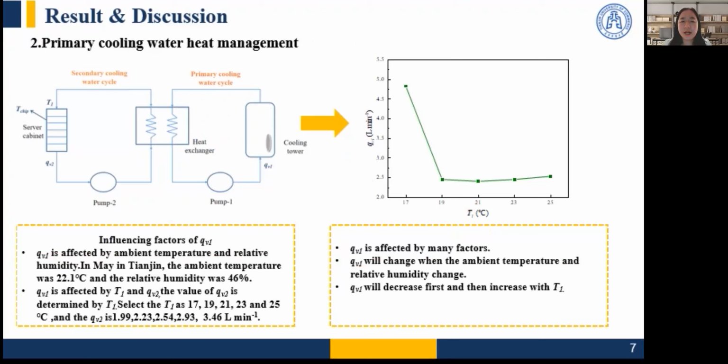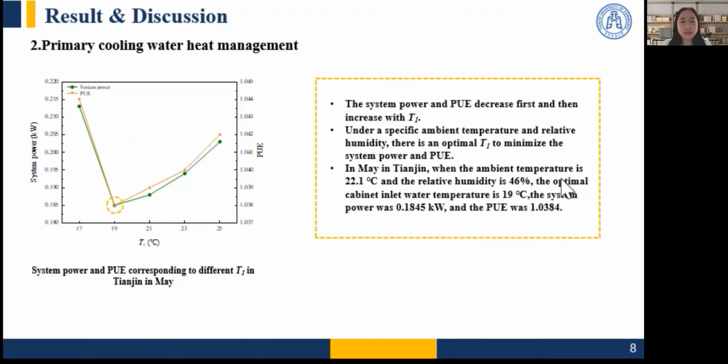When T1 is selected, QV2 is stationary. The system power and PUE decrease first and then increase with T1. Under a specific ambient temperature and relative humidity, there is an optimal T1 to minimize the system power and PUE.